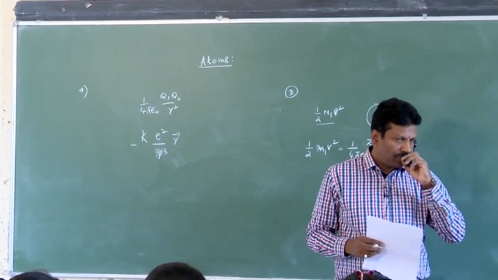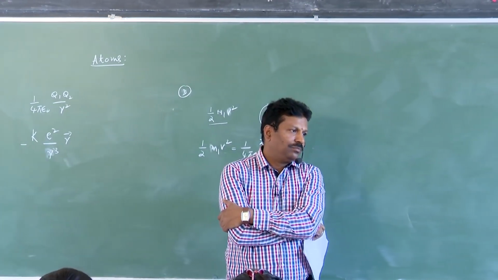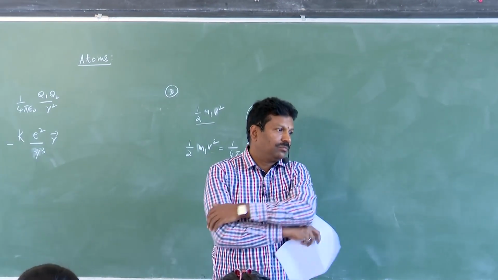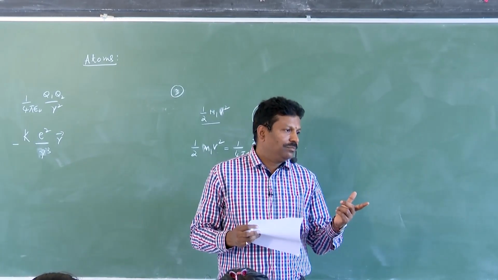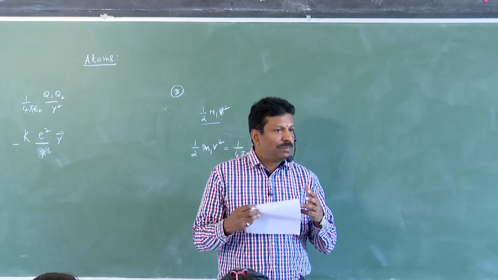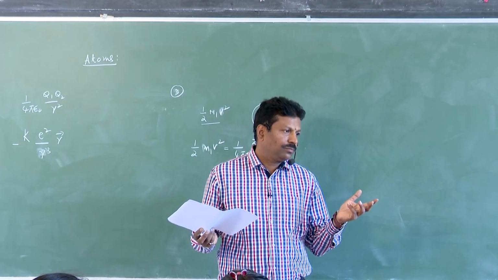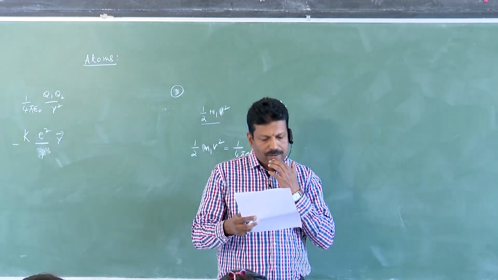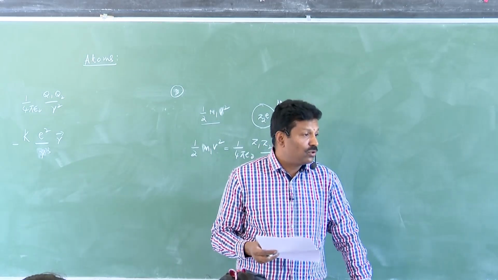See, if the force is attractive, we'll have to take it as negative. Okay, if it's repulsion, plus. But here, they have not said magnitude of the force, they have said Coulomb force.